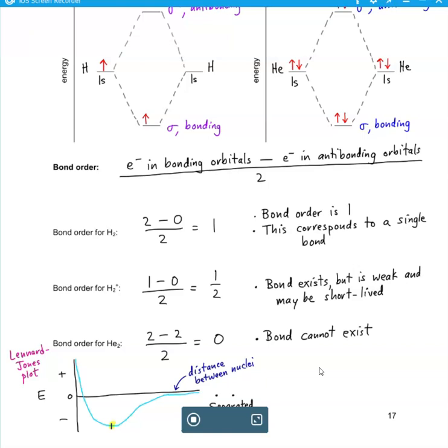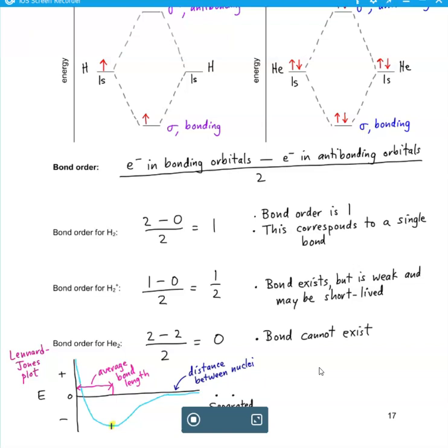This distance right here is going to be the average bond length for whatever type of bond we're talking about that exists between those 2 nuclei. So that's the sweet spot.